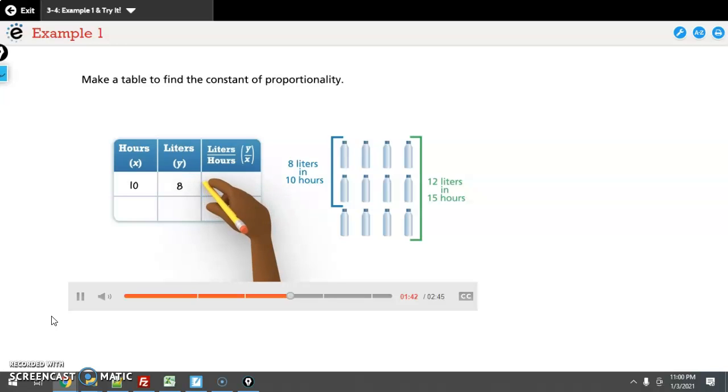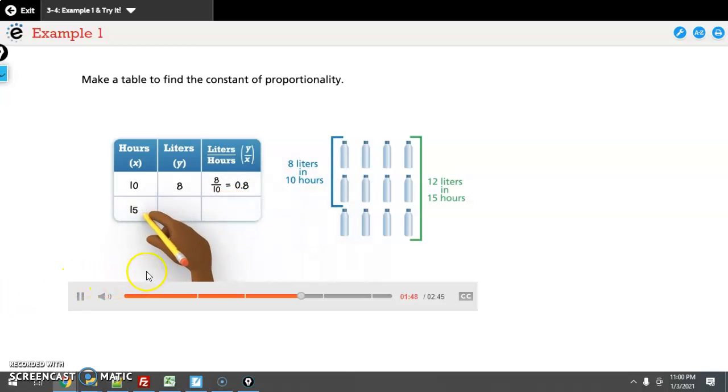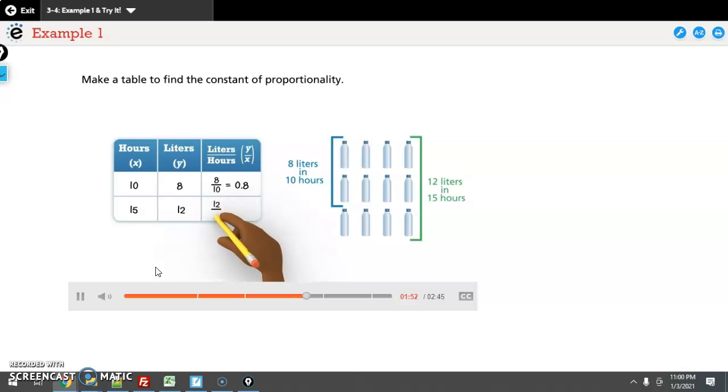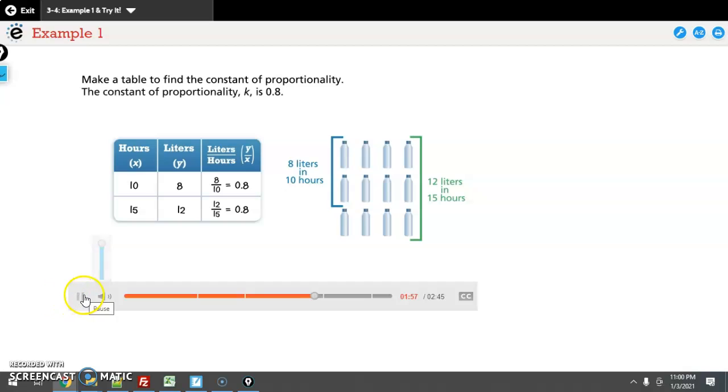The ratio y to x is 8 to 10, so the unit rate is 8/10 liter per hour. In 15 hours, the sponge filtered 12 liters of water. That's a ratio of 12 to 15, and a unit rate of 8/10 liter per hour. The ratio is constant, so the constant of proportionality, k, is 8/10.